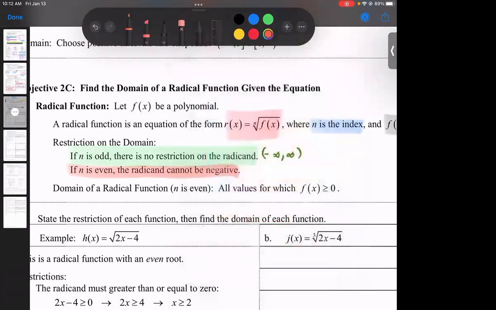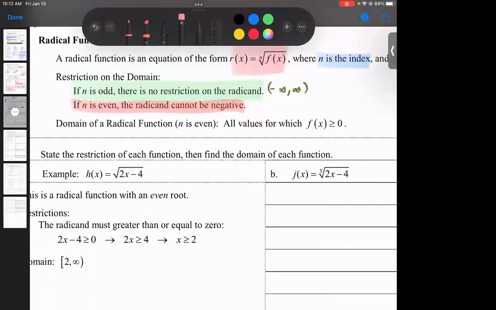At least the domain will be from 0 to infinity. And that's general, okay? It can be changed. Well, odd never changes, but even can be changed. Just remember, whatever is under the radical cannot be negative.